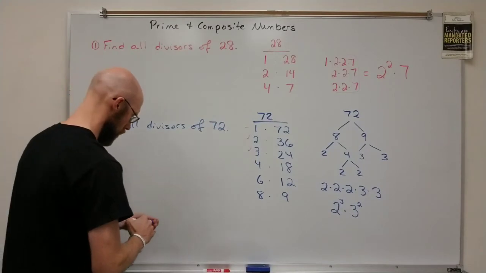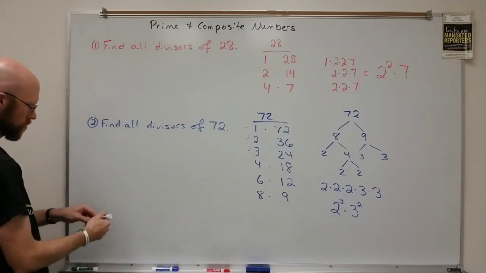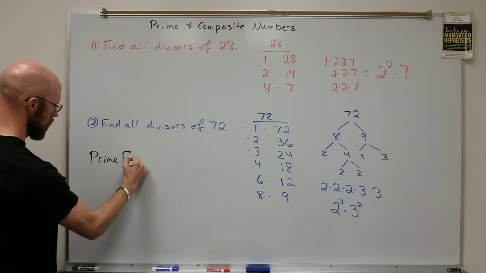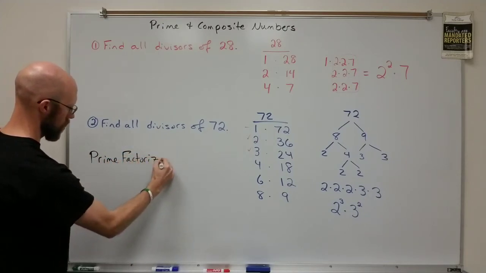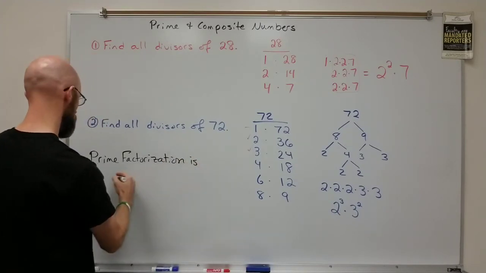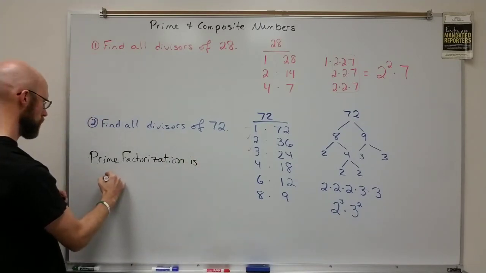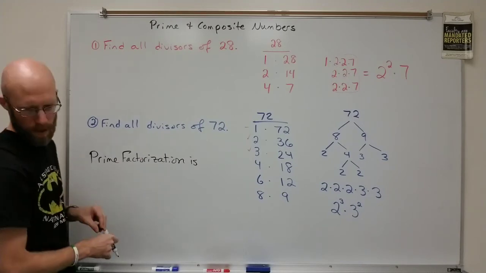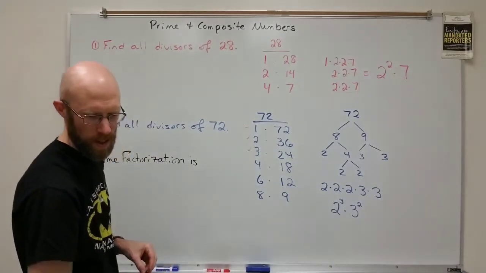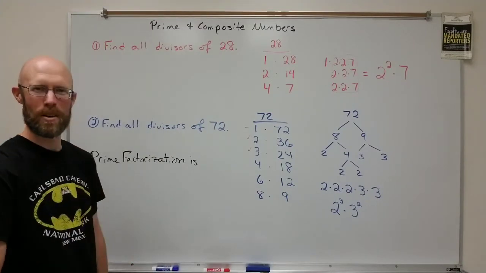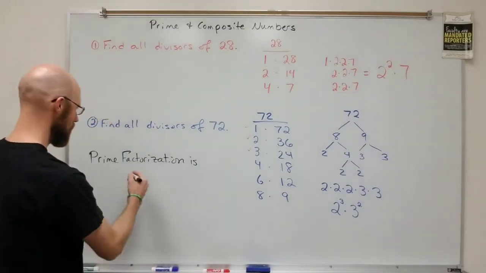Let me go ahead and write that up here. So prime factorization is... how would I actually define that? How did I just say that? It's breaking down a composite number into only its prime factors, right?